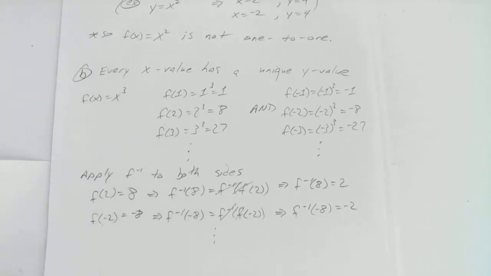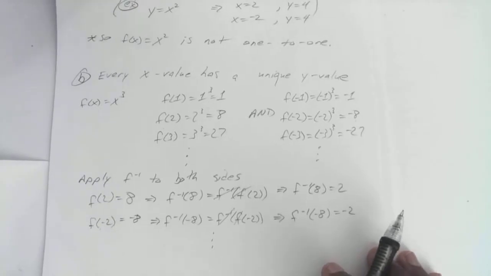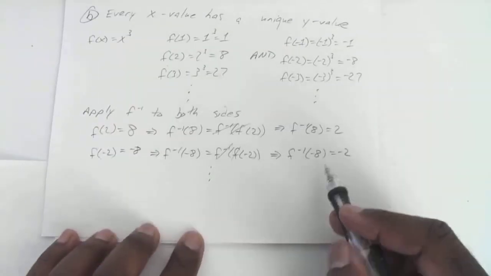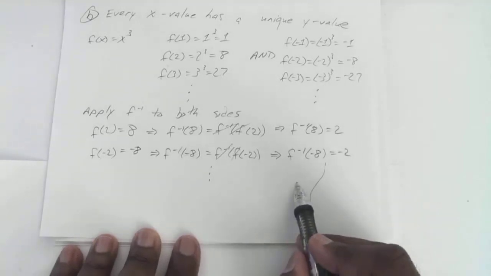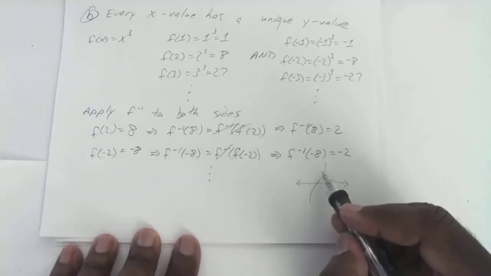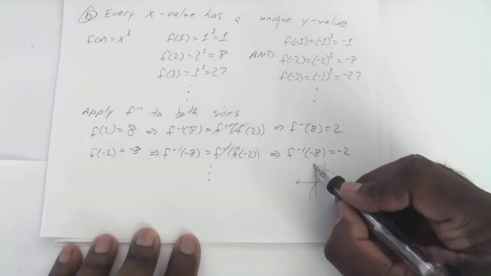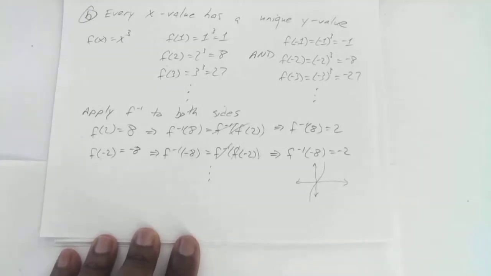Yep, so this one actually is 1 to 1. Because remember, x to the third power has kind of that shape like that. So it actually does pass the horizontal line test.